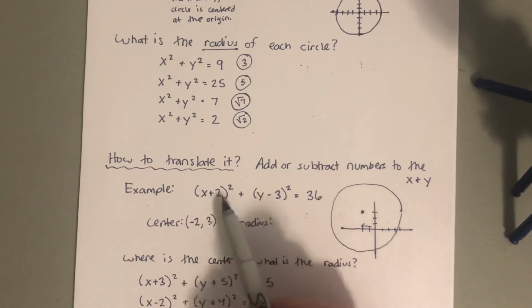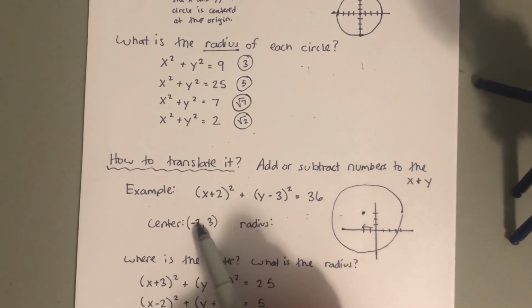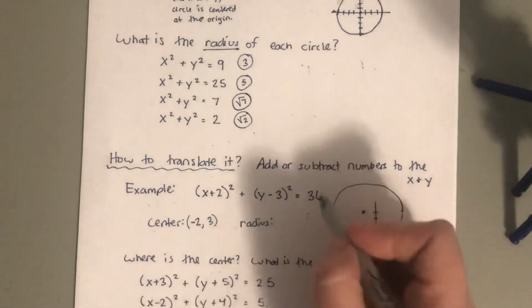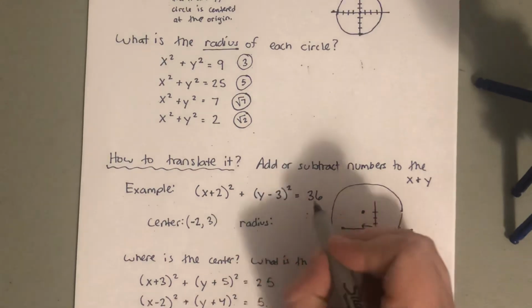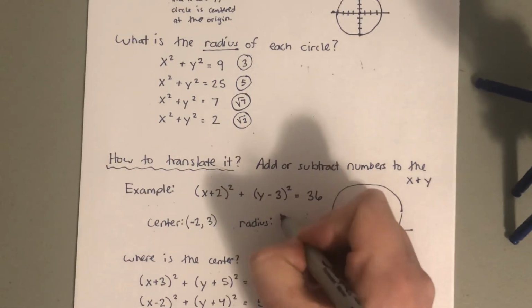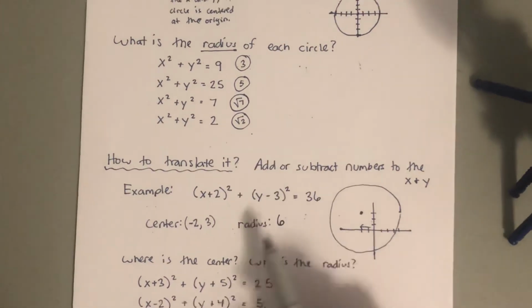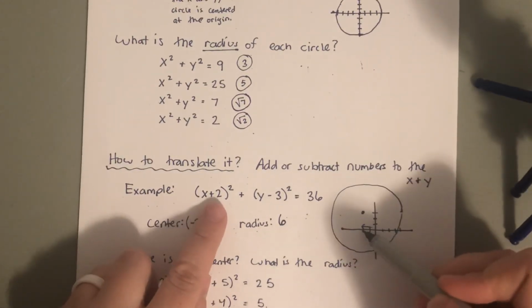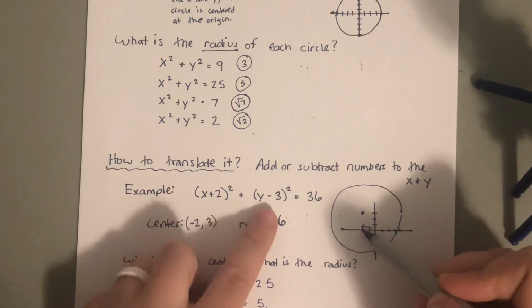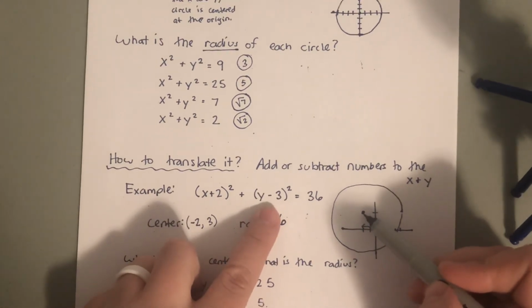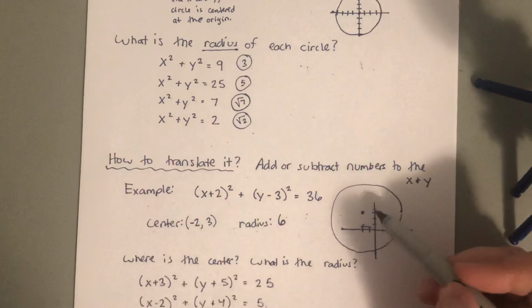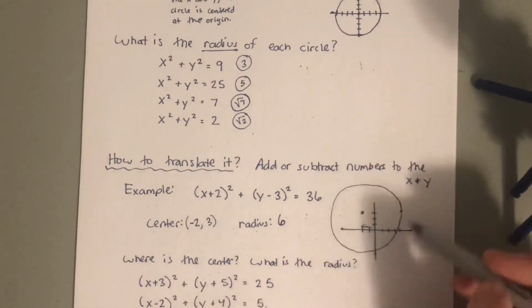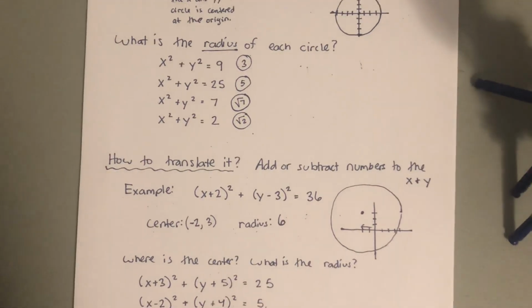Plus 2 turns into a minus 2 for the x, and a minus 3 turns into a positive 3 for the y. And over here, the radius is going to be the square root of 36, which is 6. If you were to graph this circle, it would have moved 2 to the left and 3 up, and the radius would be 6. I tried to draw a radius of 6 around it, but it's kind of an ugly circle. Sorry about that.